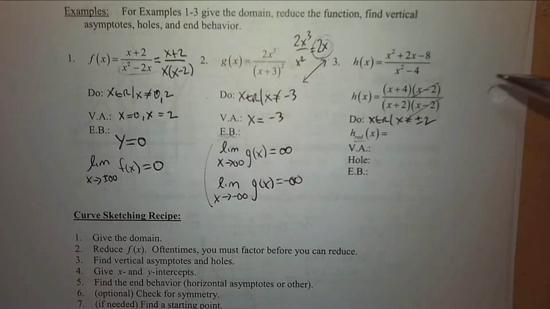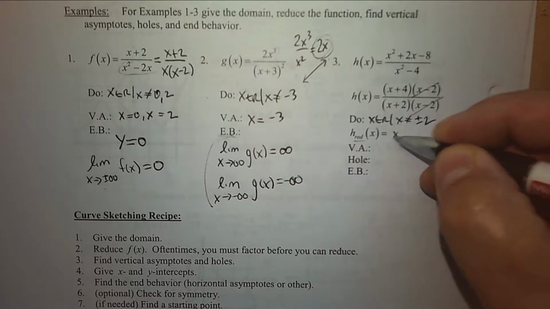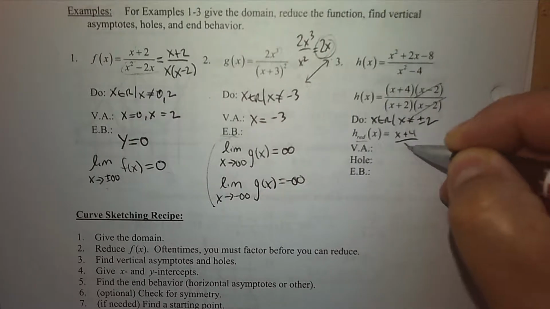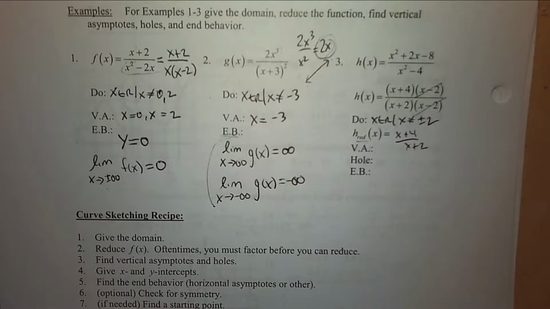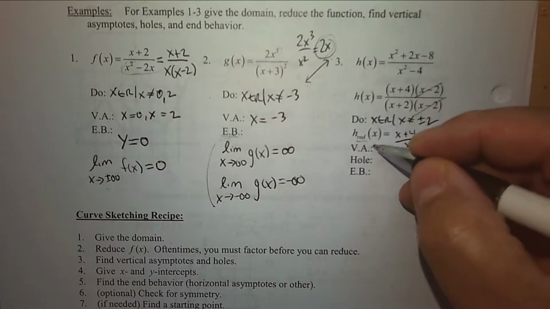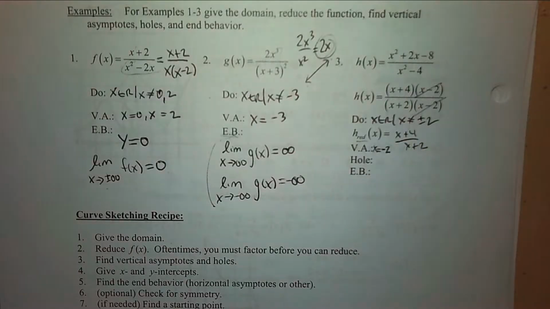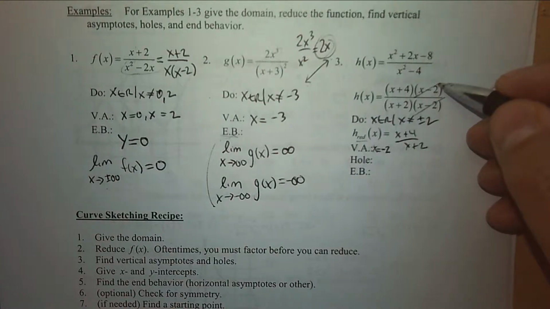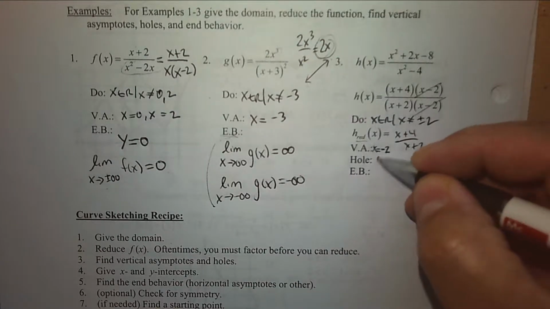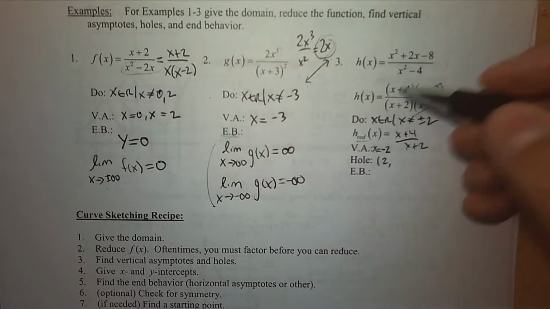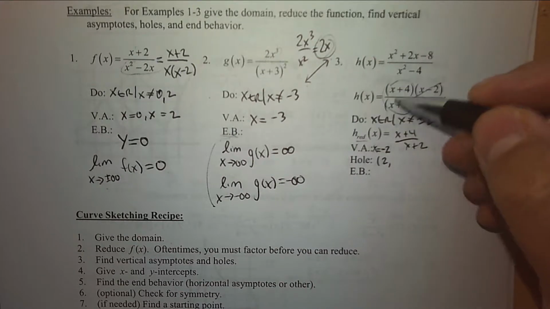So the reduced form would be x plus 4 over x plus 2. Is there a vertical asymptote? Only 1, which is x equals negative 2. Is there a hole? Yeah. What crossed out? Make it equal to 0 and solve. What's the x value? 2. What's left over? Plug in 2 for x and solve it.